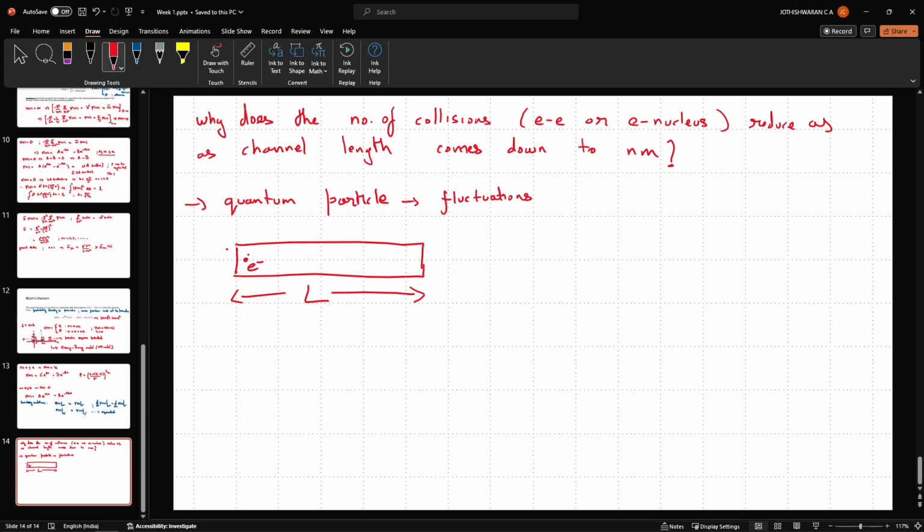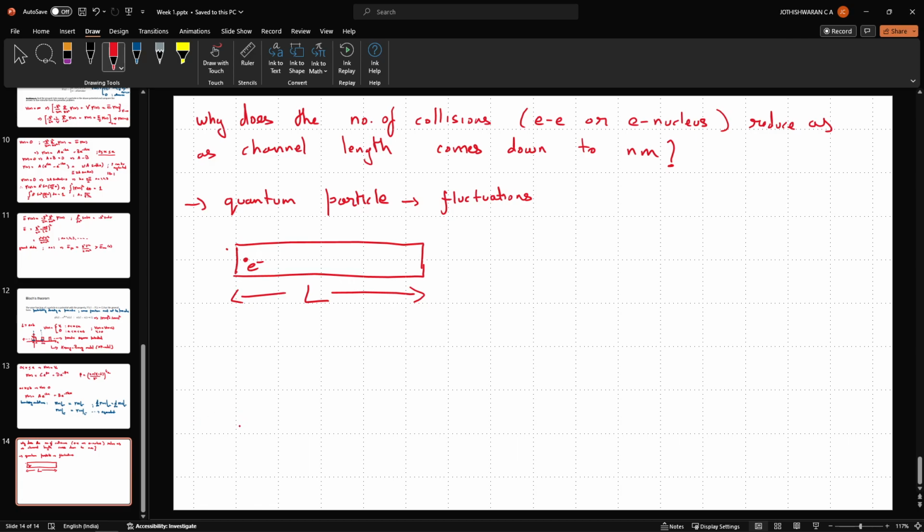Now my question is, how many other electrons or nuclei or ions is this thing going to collide with? I cannot definitely say because I don't know where it is or how it is moving. What I can say, however, is in a given duration, how many collisions will happen. I can give a probability of a collision occurring. So that can be defined.